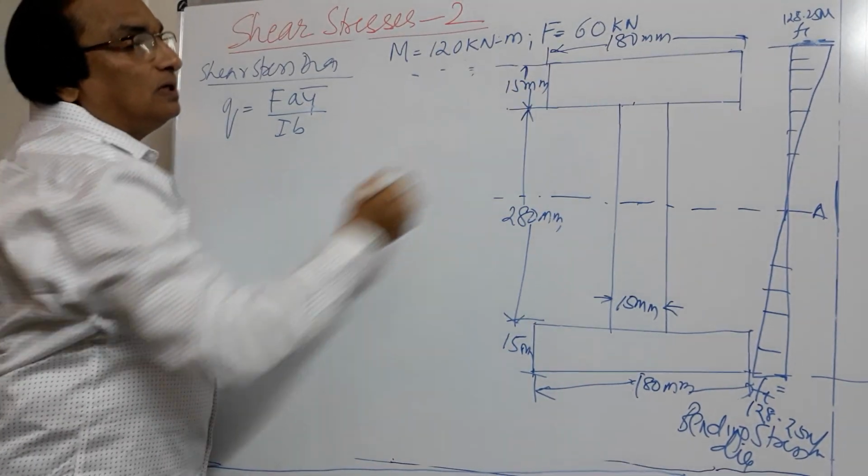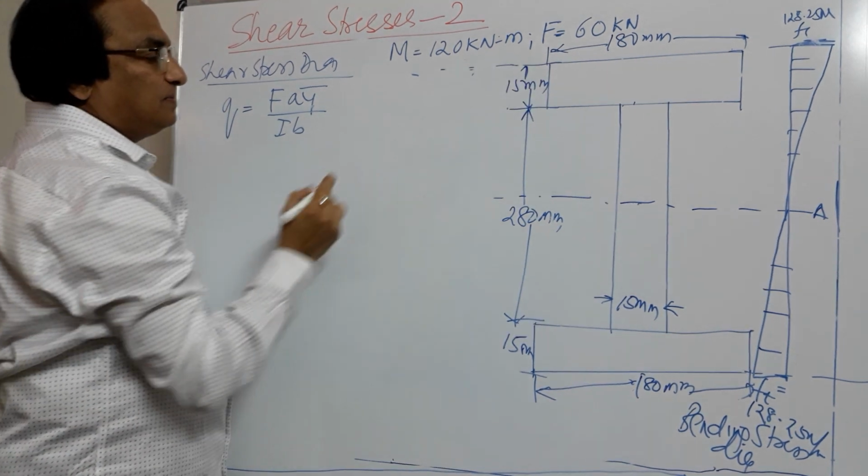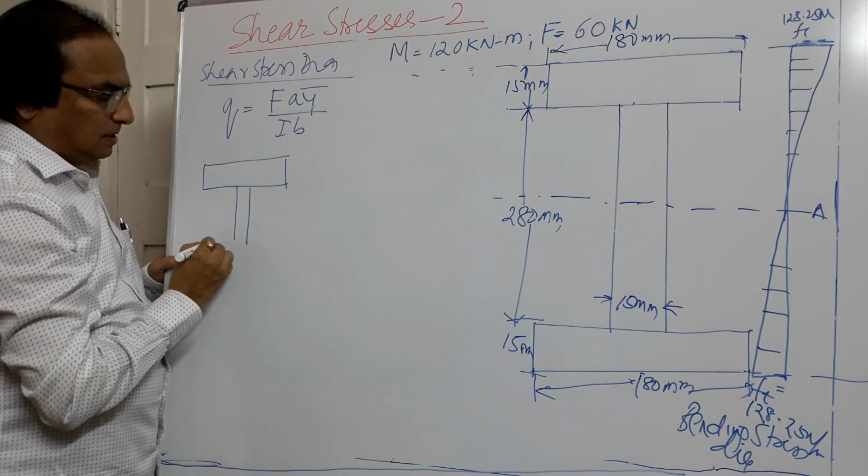Now I will go to the shear stress diagram for the web section. Suppose I look at the web section here, this is the web, this is the neutral axis.